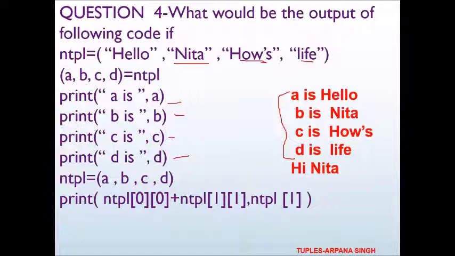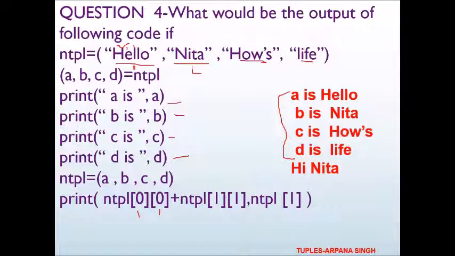Now you have again packed it, NPTEL. Now you want to print [0][0]. So what is [0][0]? This is 0 and this is 0. [1][1], this is 1. This whole is 0, and within this 0, H is 0, E is 1, this is 2, and so on.